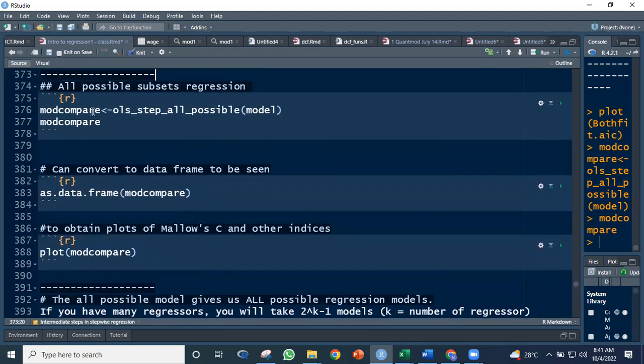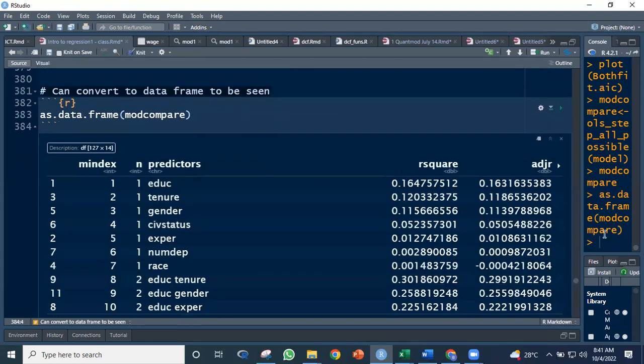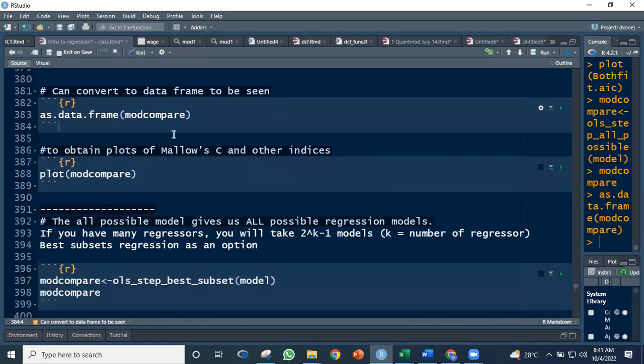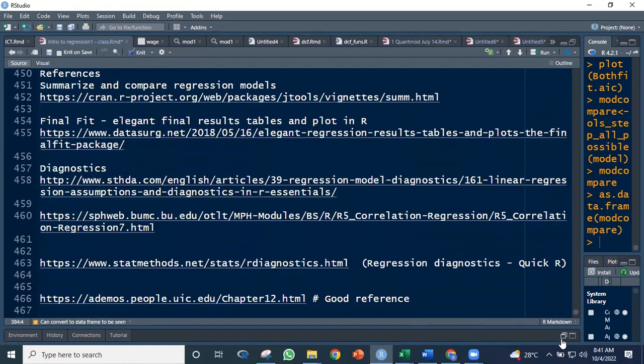Here, yung model compare, no? OLS step all possible. So this is the function. Okay, then we can actually convert this into a data frame. So if I run this, and then let's see, mod compare, view natin siya.